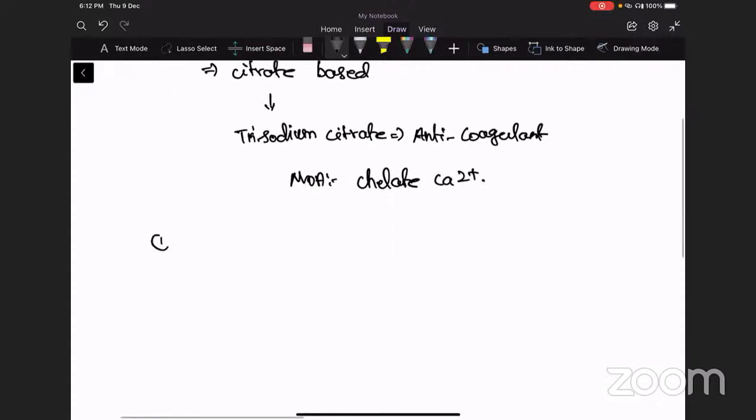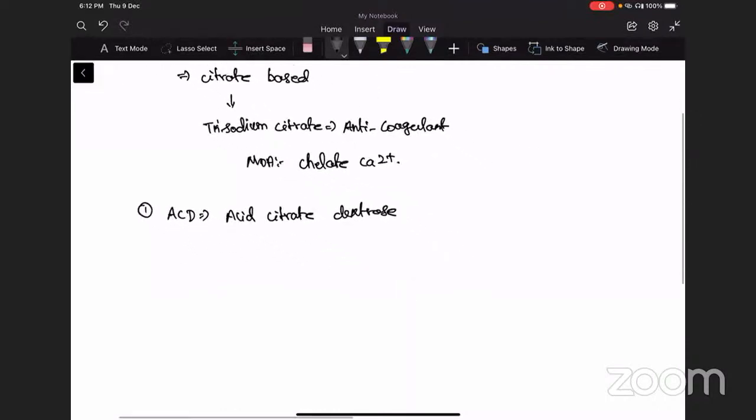The first preservative we are going to discuss is ACD, acid citrate dextrose. This is a short topic. If you're feeling like you're learning this newly, surely it's going to help you. Please learn this.